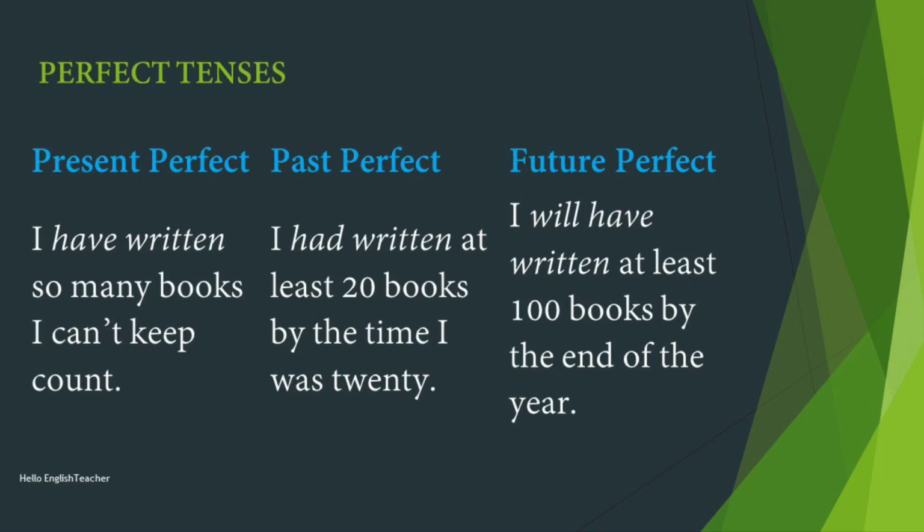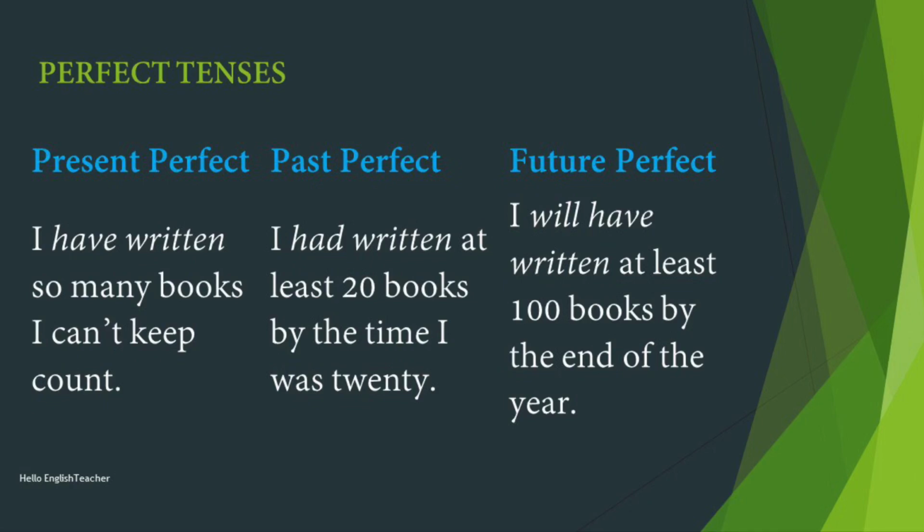How is it formed? Always remember, for the past perfect tense the word had is used. Whenever you see the word had, it is the past perfect tense. So, had plus the past participle form. Now let us look at the example given here, you will understand it better.